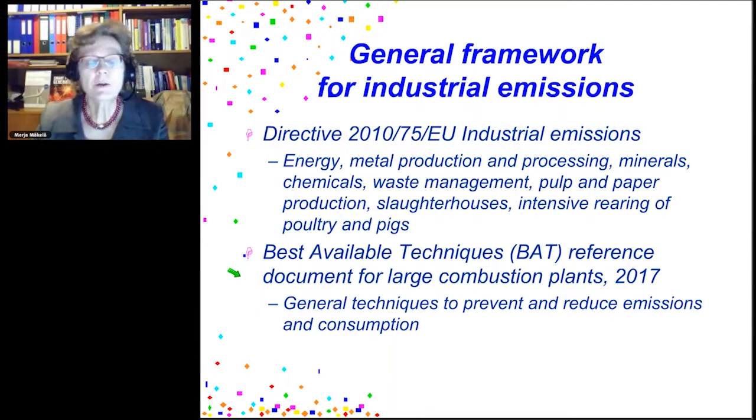There is another important and interesting document called Best Available Techniques reference document for large combustion plants. It has been updated recently, and this document gives the general techniques to prevent and reduce emissions and consumption.